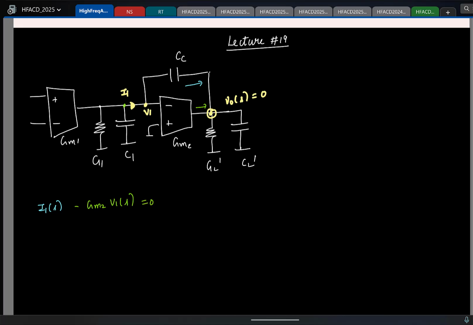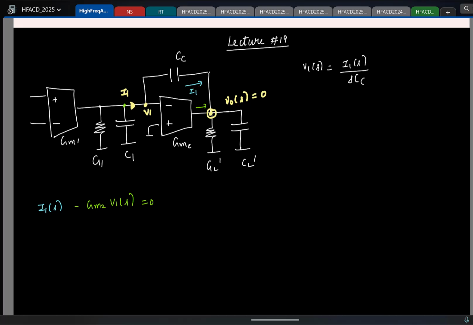Fine. Now V1 is the voltage across this capacitor as of now. Current flowing here is I1. So then what can you say about V1(s)? I have a current I1 flowing through the capacitor. So what is the voltage across the capacitor? I1(s) by sCC. Is this fine? V1 is the voltage across the capacitor, right? Because this end is 0.